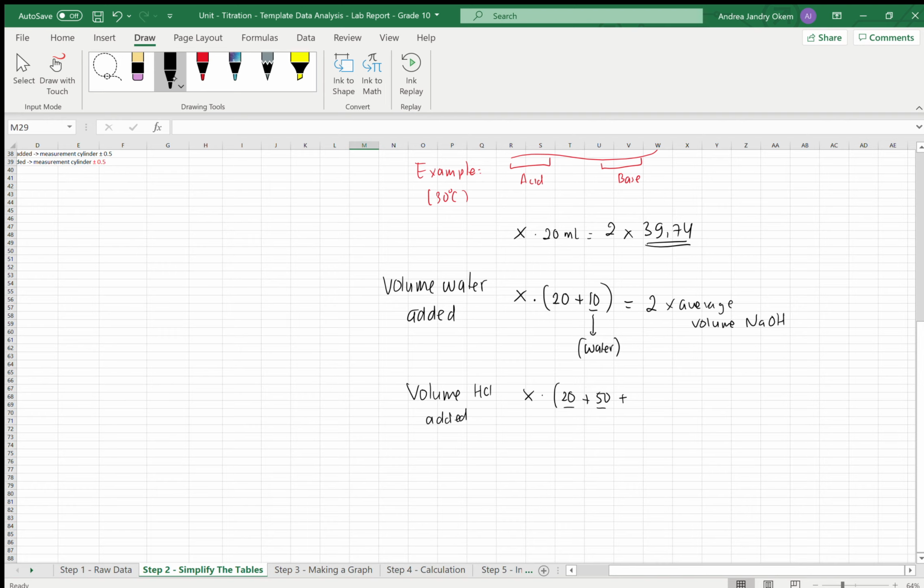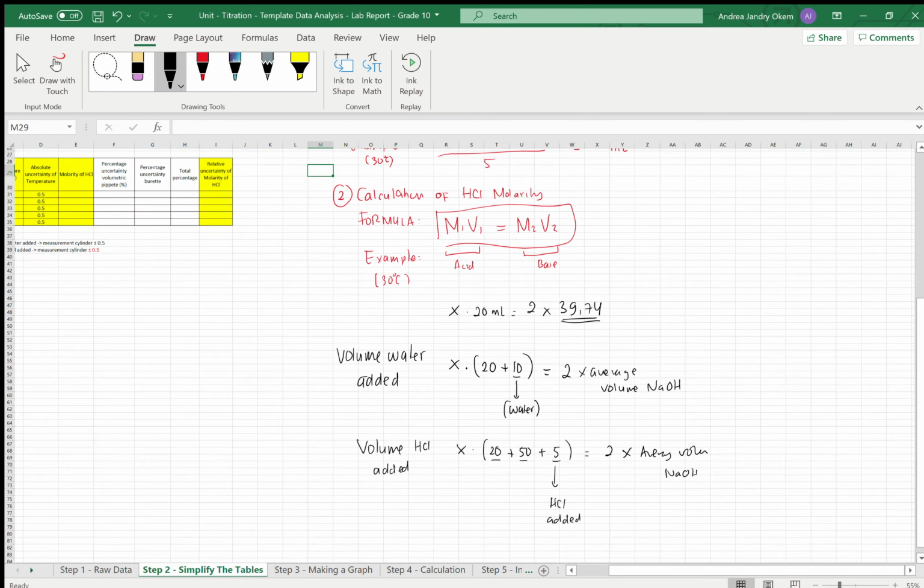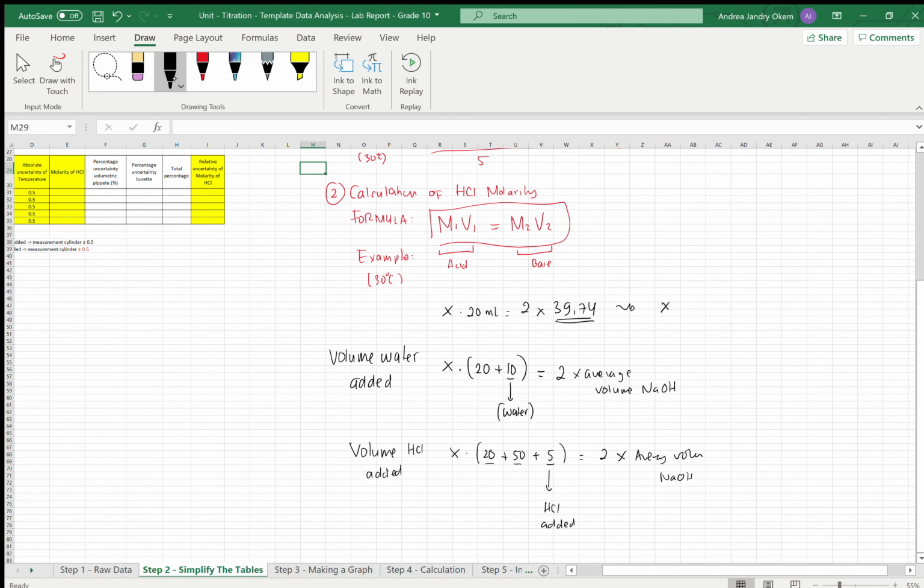This number will still be the same, you don't need to change it, but the only number that you have to change is the acid added, because this is your independent variable, right? 2 times average volume NaOH. Now after you got this, X equals 2 times 39.74 divided by 20. This way, you will find the molarity of the hydrochloric acid.